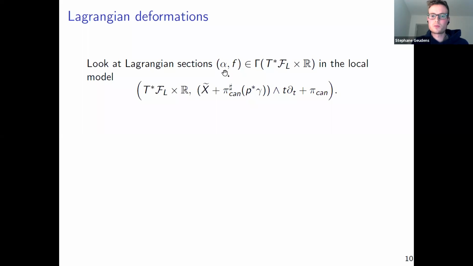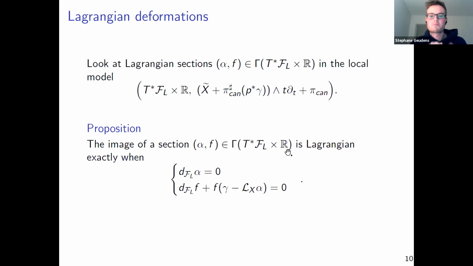So the first component should be thought of as deformations inside the singular locus. And the function tells you whether or not you're moving outside of the singular locus. So when f is 0, you stay inside the singular locus. If not, then you really move out of it.